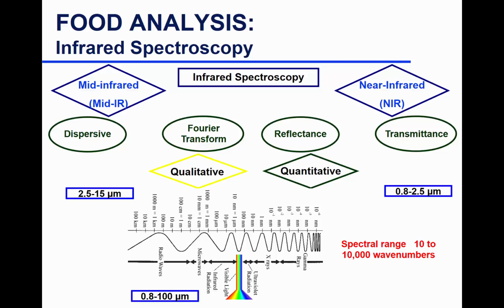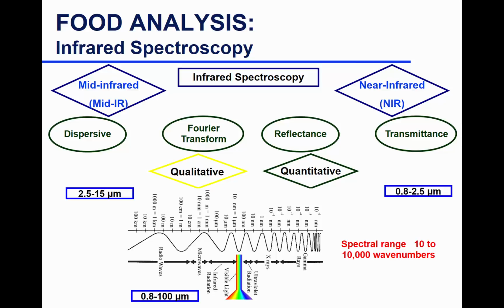So infrared spectroscopy, the main two regions that we are interested in terms of food analysis are the mid-IR region and the near-IR region. The infrared is below the red, and it is larger in wavelength, so it carries less energy, so it has less frequency.